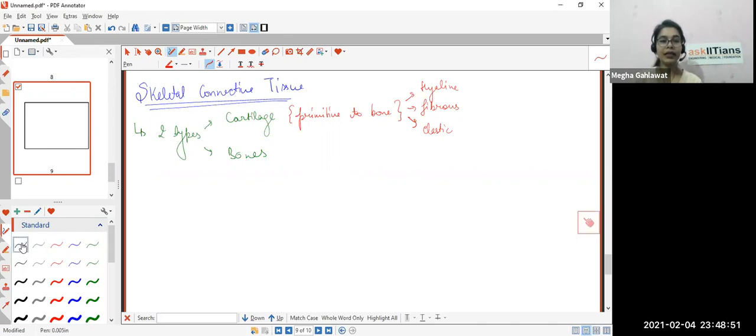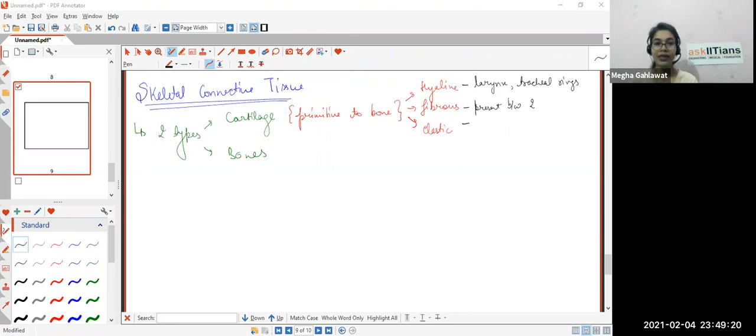I'm going to write the key terms and the examples wherever these are present. The hyaline cartilage is present in the larynx and the tracheal rings. Remember, the larynx is the voice box, and the tracheal rings are present on the windpipe to strengthen it. Fibrous cartilage is present between two units, or discs, of the spinal cord.